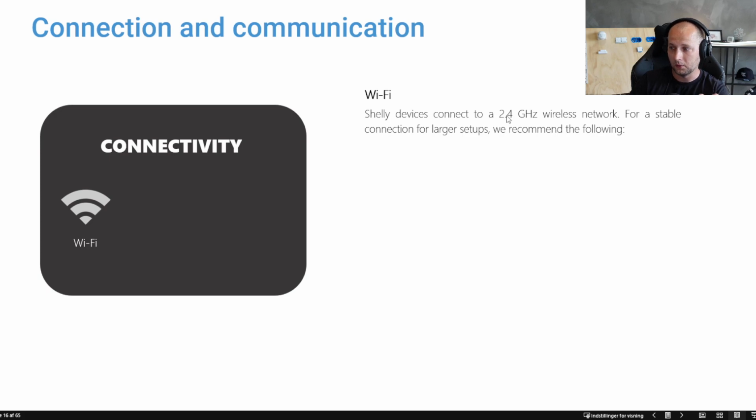I think it's very rare that you find any smart devices that work with 5 gigahertz. So use the 2.4 gigahertz network and make sure to enter your password right the first time, because this is also another thing I see, entering the password wrong or something like that. But in general, Shelly devices work with most Wi-Fi routers out there.